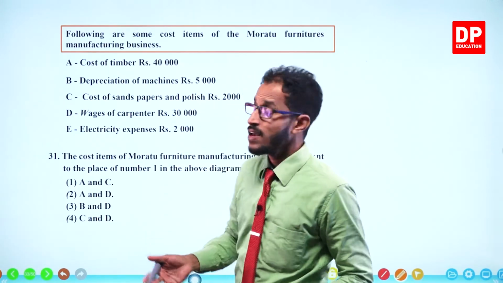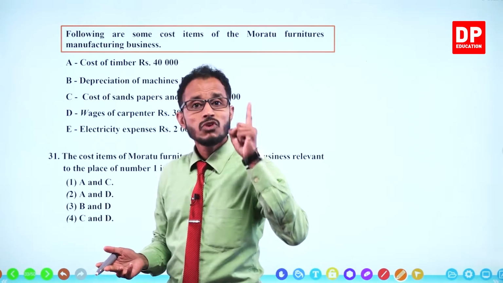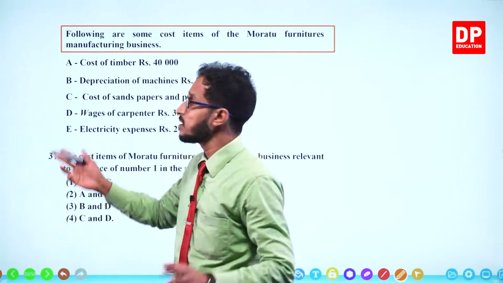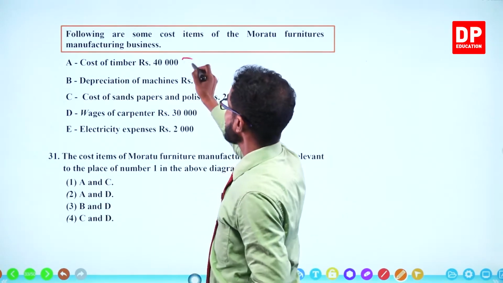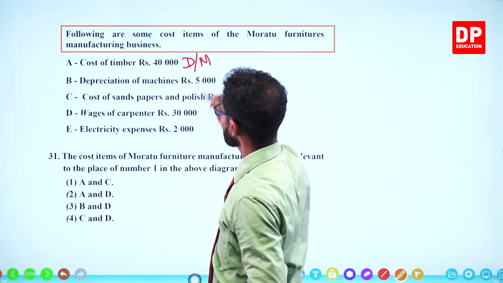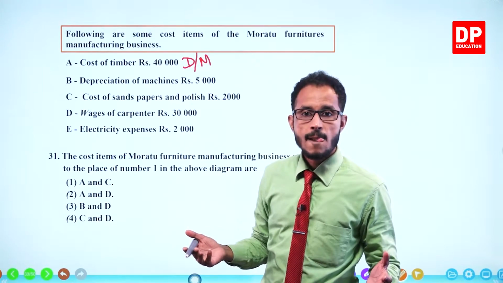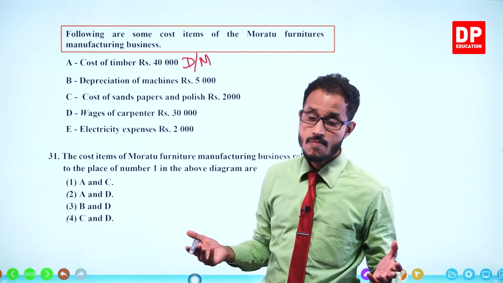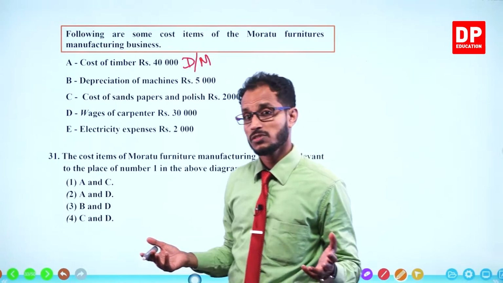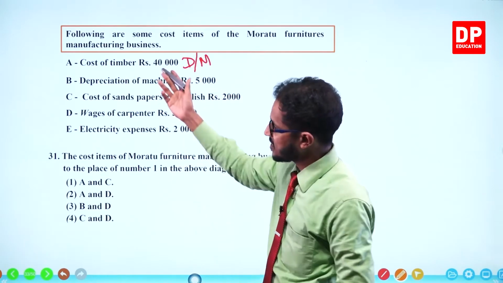In Moratu, what is the main material used for their products? Wood or timber. Then cost of timber is the direct material cost. Of course. Direct material is timber.